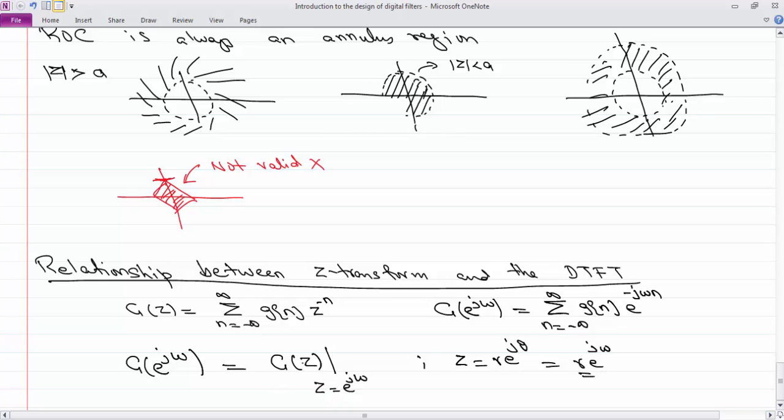So if you are in this two-dimensional plane, what is this relationship telling you? That the discrete time Fourier transform corresponds to the Z transform evaluated at a distance of 1 from the origin.